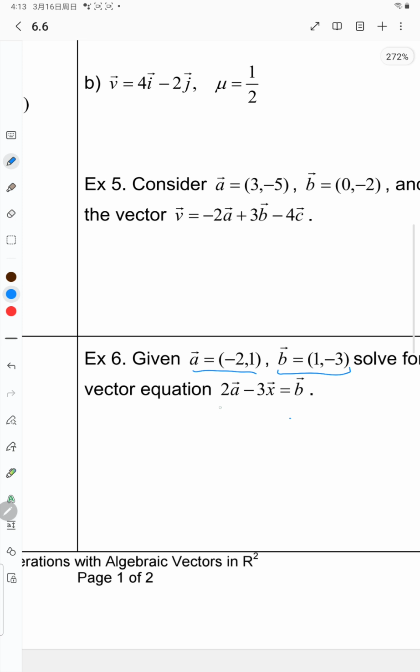So for example, 2a, we write out 2a is 2 times (negative 2, 1), right? And then we minus 3x. The x vector, I'm just going to write x with the vector notation with the arrow, right?